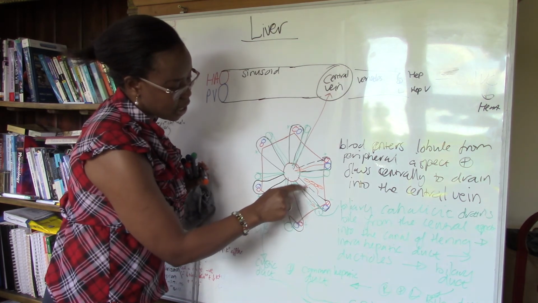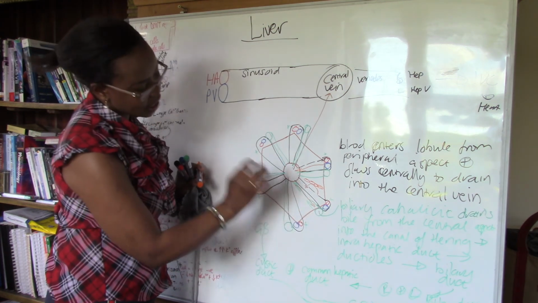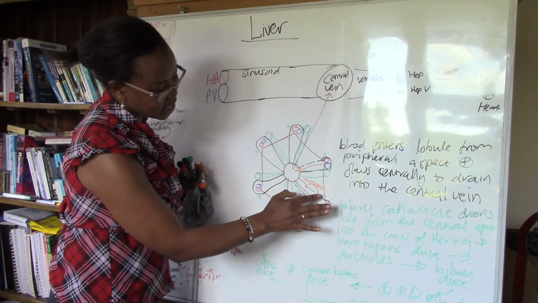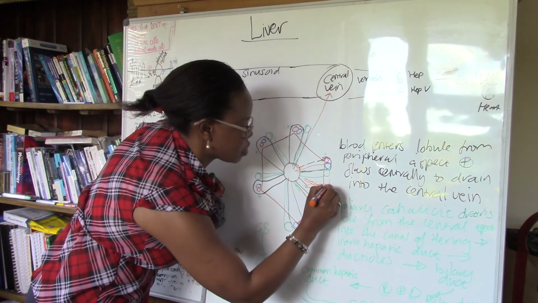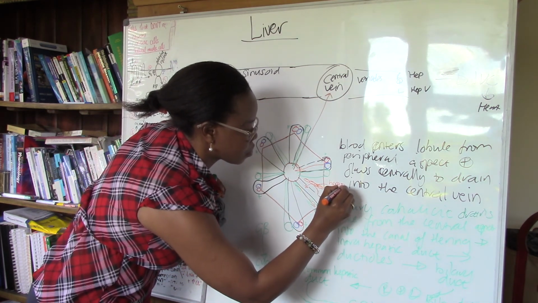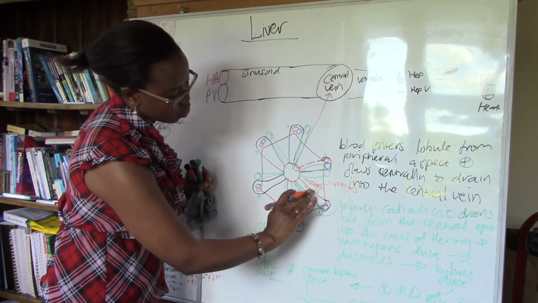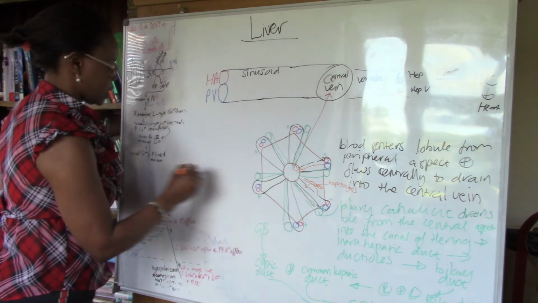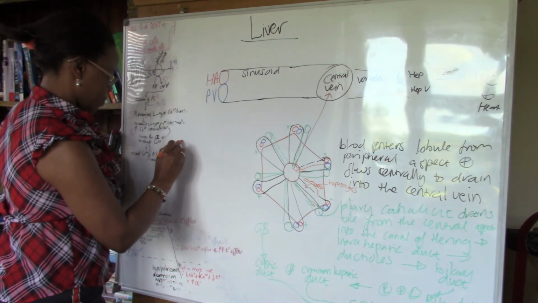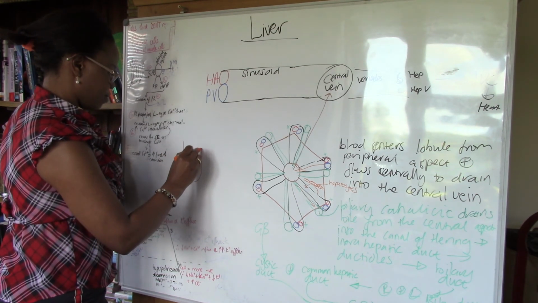So that communication is required for the exchange of components. And the exchange of components between the sinusoid and the hepatocyte occurs on the sinusoidal side of the hepatocyte. So if I was to take a hepatocyte, hepatocytes are specialized in the sense that they have two faces that are different.